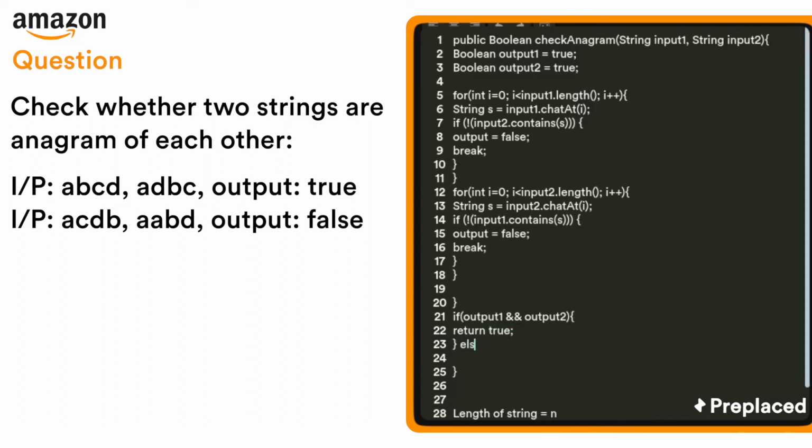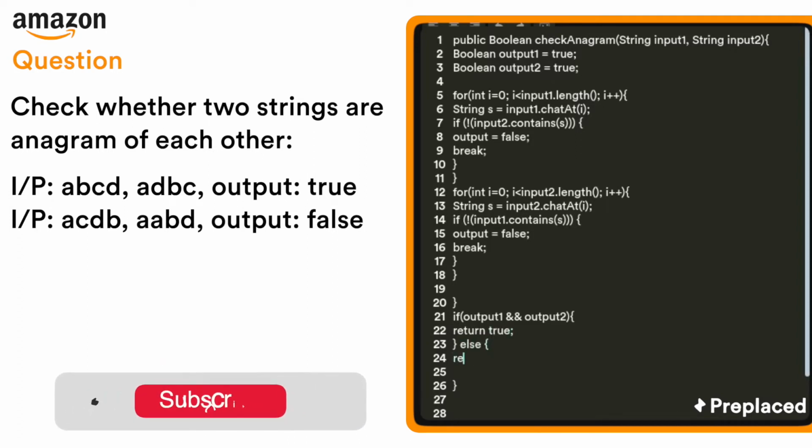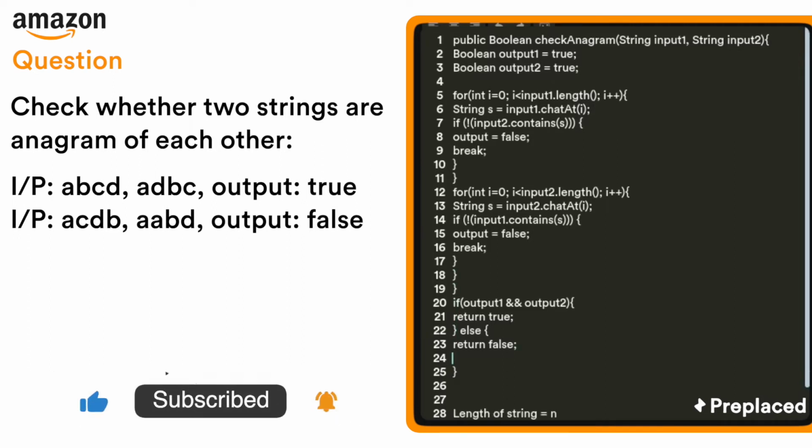else it will return false. So this approach will work, but it will increase the complexity. Actually, initially I was comparing string 1 with string 2. I used to pick up each character from string 1, and I was checking if that character is present in string 2 or not.